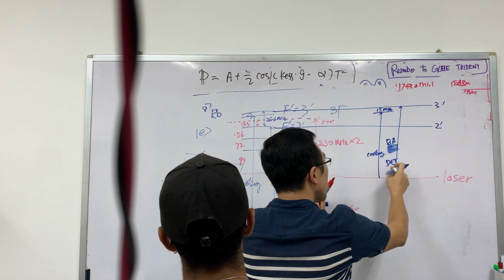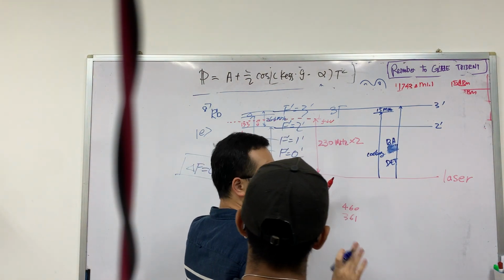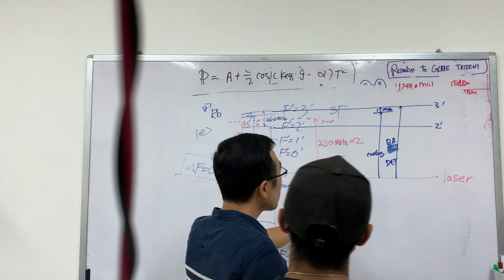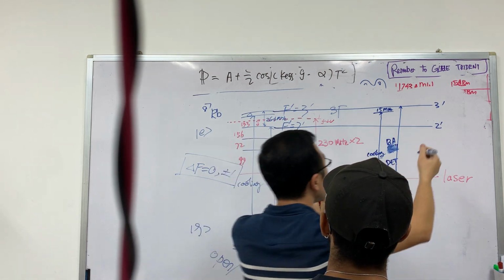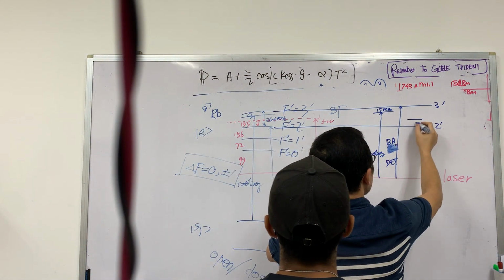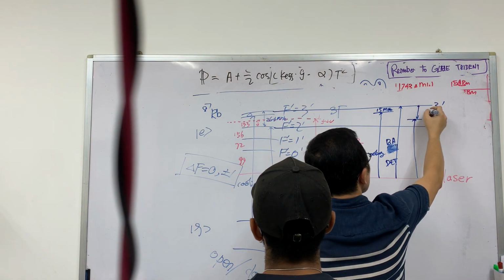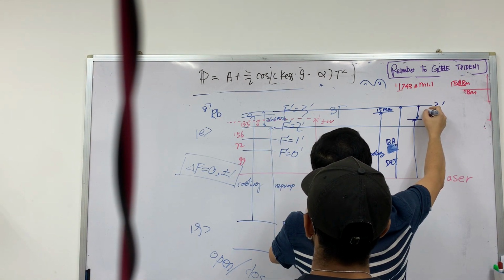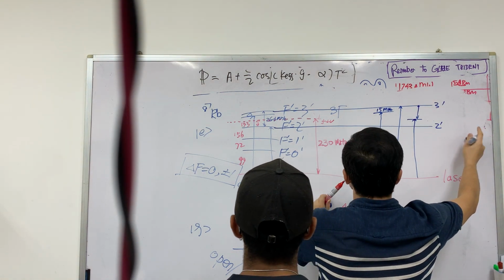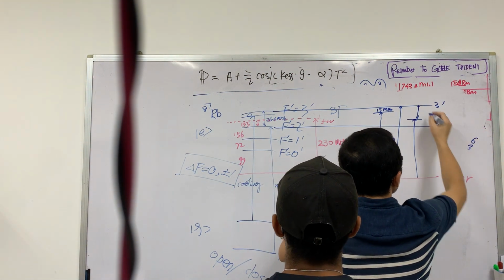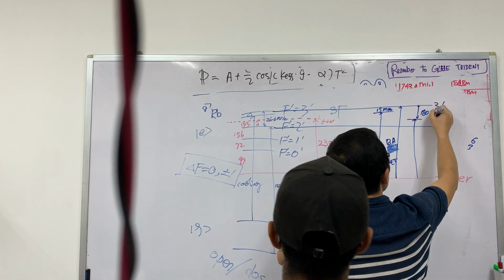Cooling, blow away, detection. And we also do subdoppler cooling. Subdoppler cooling needs far detuned light, which is somewhere here. Let's say this is 30 gamma. 30 gamma is, yeah, this is 180 megahertz.